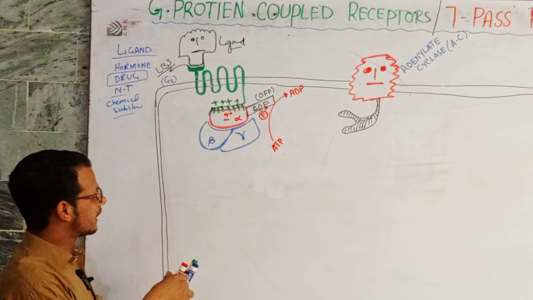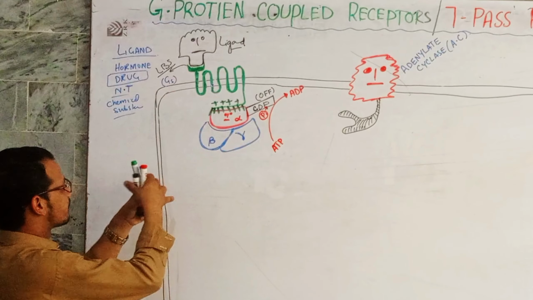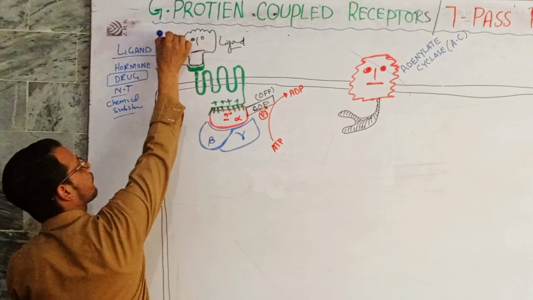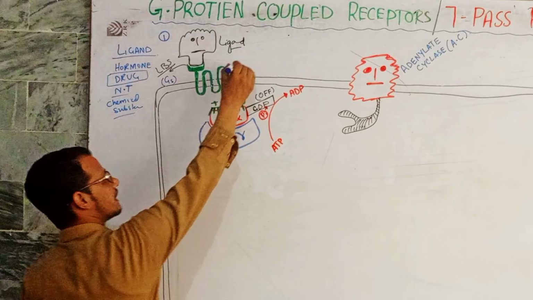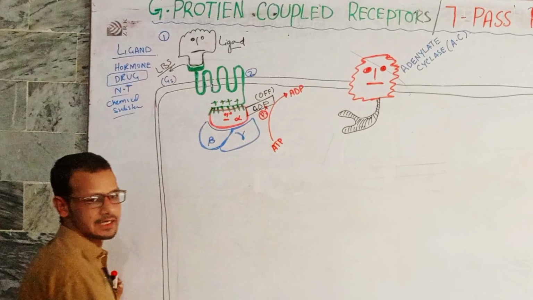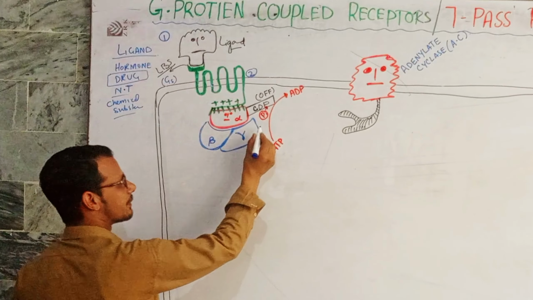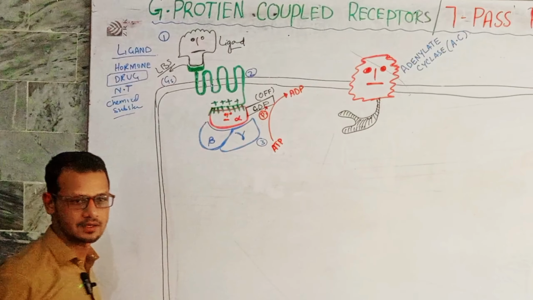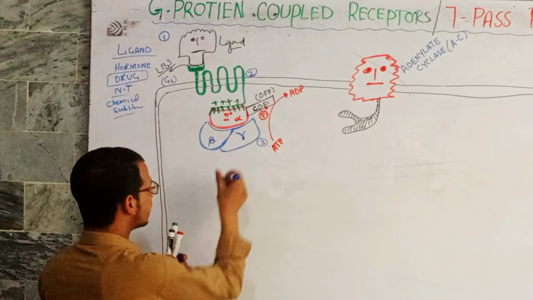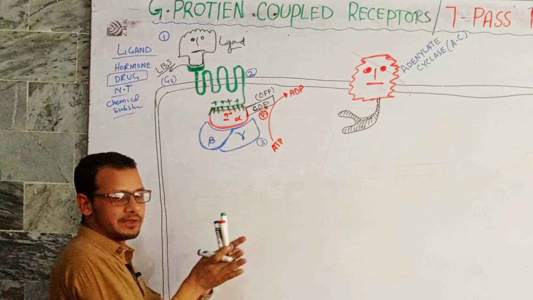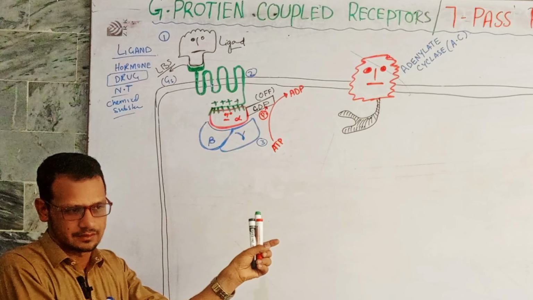This is the first step, the attachment of ligand with receptor. The activation is the second step. The third step is the breakdown of G protein. Breakdown means that these couplings will be separated, right?